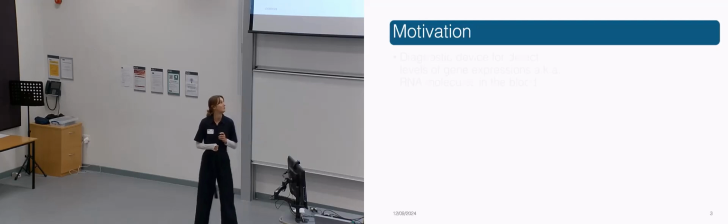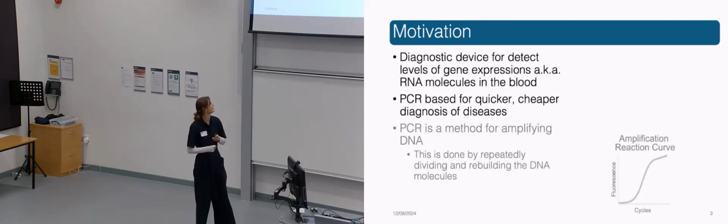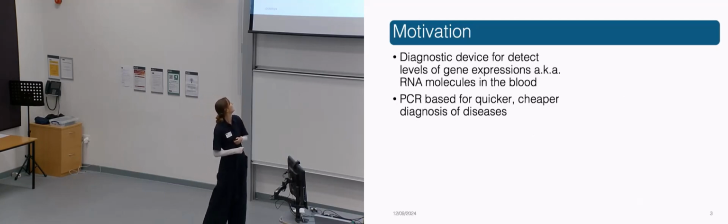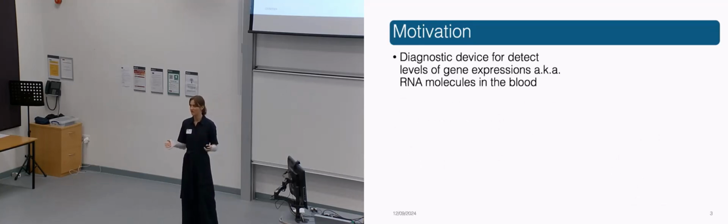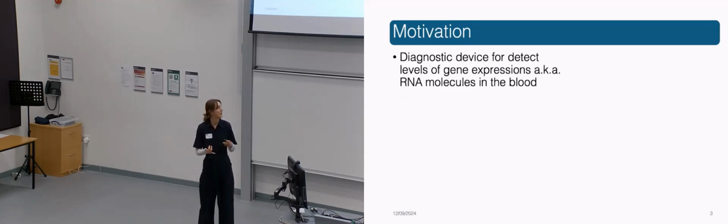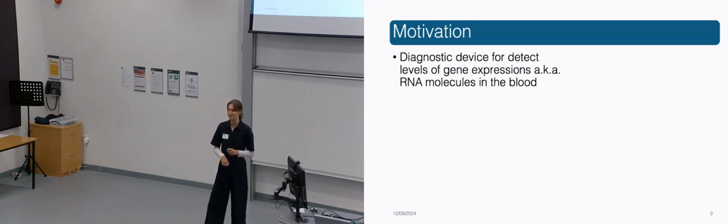So firstly, I'll show a picture. Anyway, we want to design this diagnostic device. The device itself is quite novel and quite complicated, so I'm going to gloss over it and just tell you the important parts. We're trying to detect different gene expressions in blood.